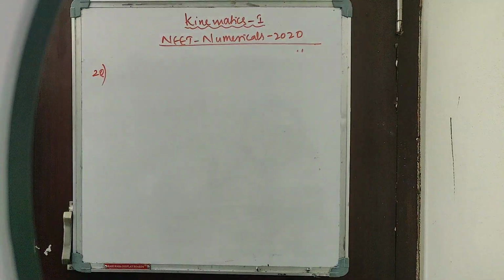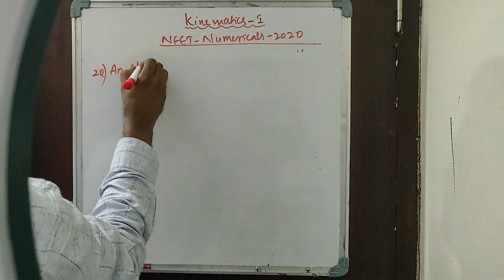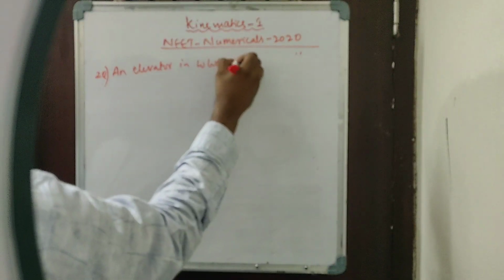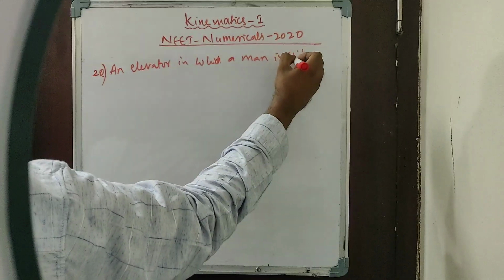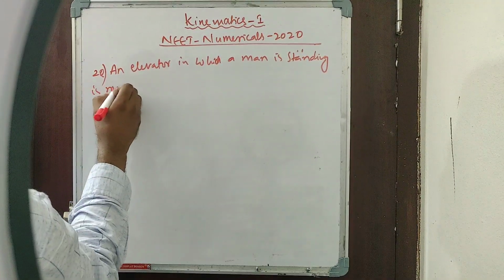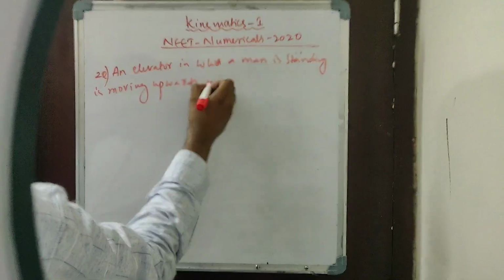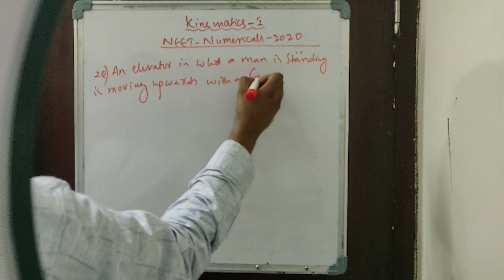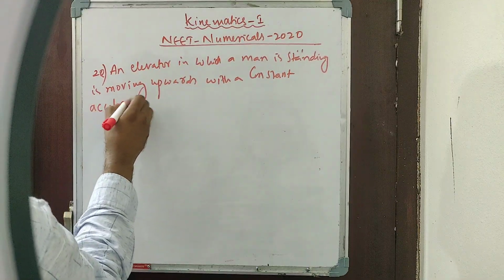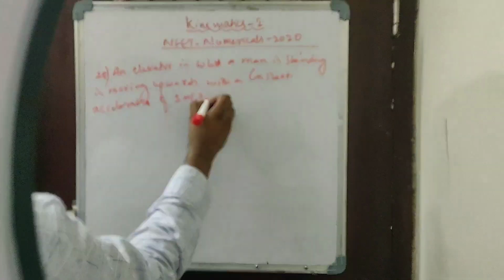The second question says that an elevator in which a man is standing is moving upwards with a constant acceleration of 1 meter per second square.